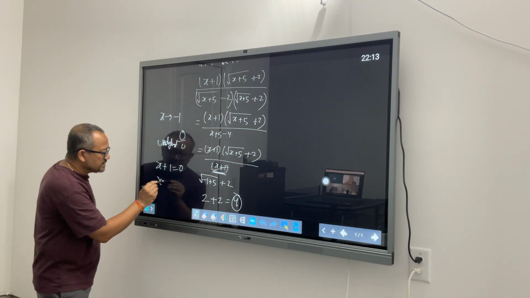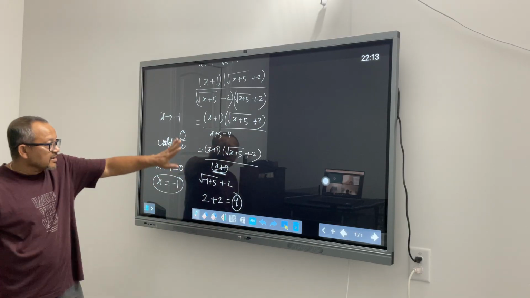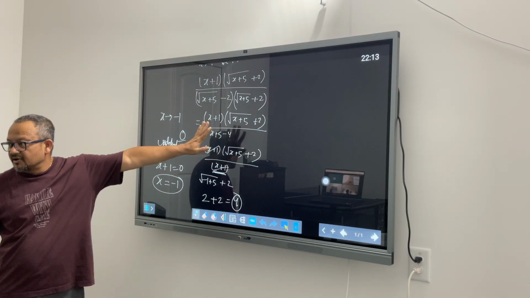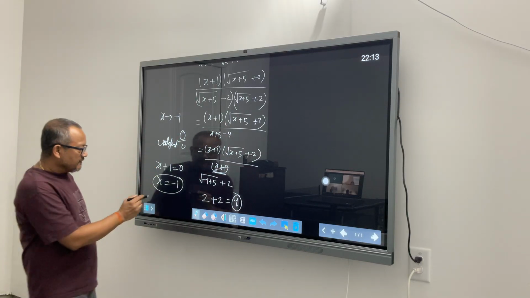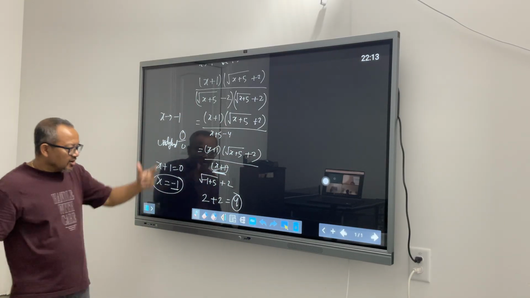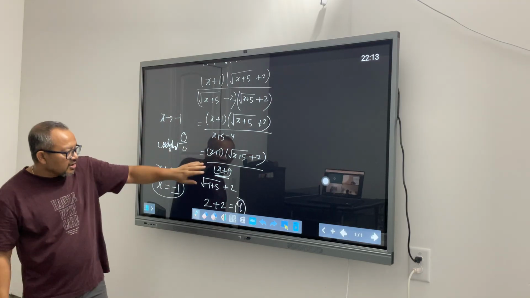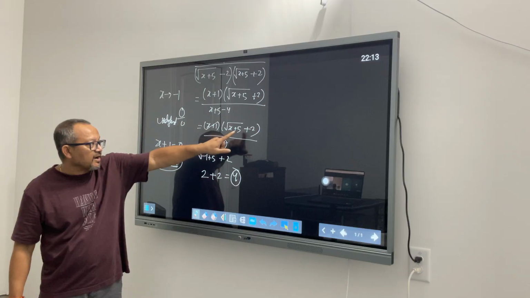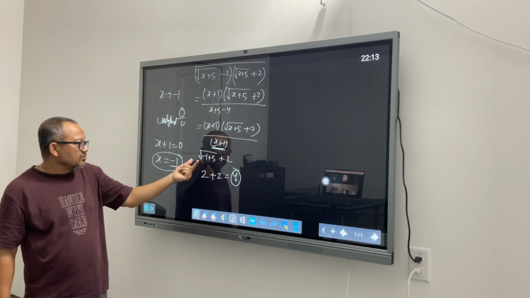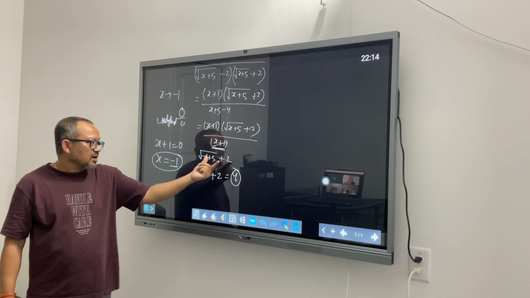That means x equal to minus 1 is when the function becomes undefined, otherwise it behaves properly. So this function starts misbehaving when x equal to minus 1, or it becomes discontinuous at that point. But when you knock it off, your function is square root of x plus 5 plus 2. When you put x equal to minus 1, this became 4, square root of that is 2, plus 2.